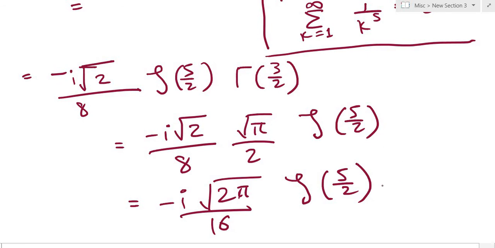Well, I won't go ahead and put a value for this. The Riemann zeta of 5 over 2 is really complicated, and I don't think there's a legit closed-form number for it either.